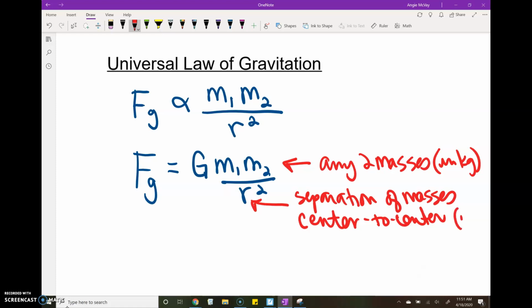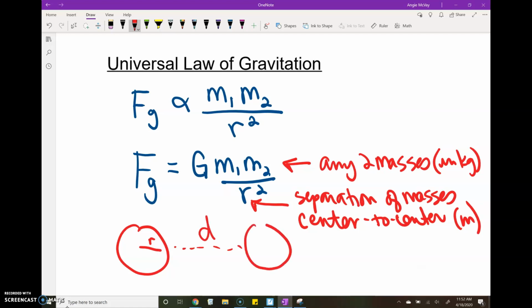Okay, in meters. All right, so when you look at that resource that I showed you in your textbook that gives you distances and radii, the distance r here between any two planets, you want to take their radius, right? The distance that separates their two surfaces plus the radius of the other planet.